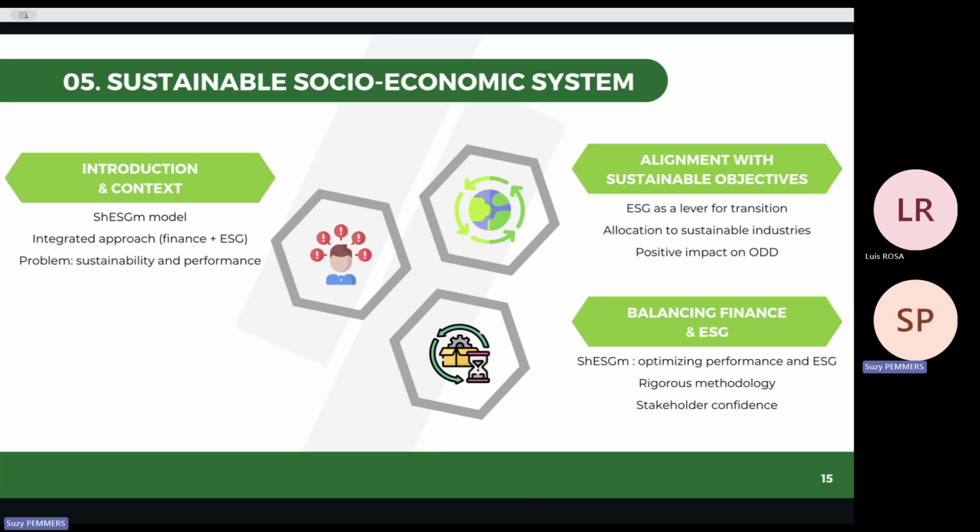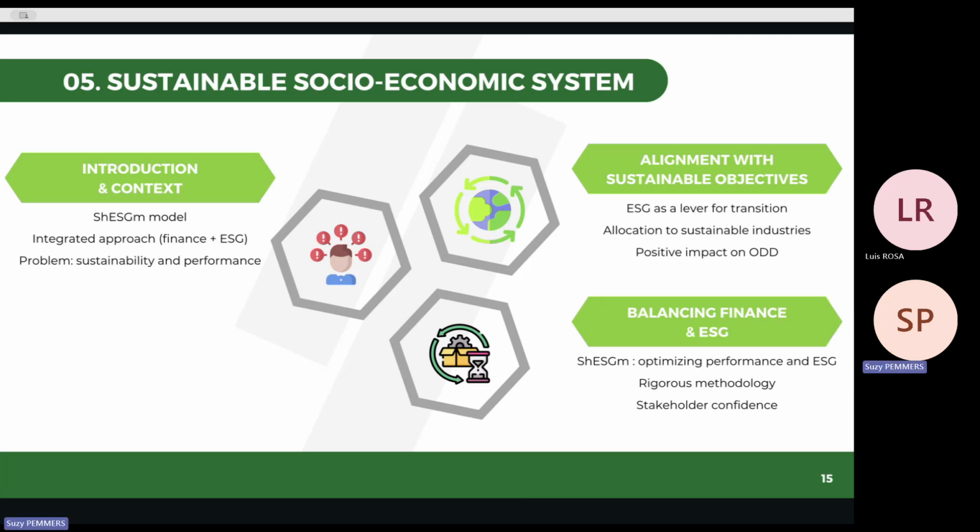The results show that integrating ESG criteria into investment strategies can improve the transition to a sustainable socio-economic system. By aligning financial objectives with social and environmental ones, transformations take place: reducing negative externalities, reallocating capital to sustainable industries, and encouraging behavior in line with the Sustainable Development Goals.